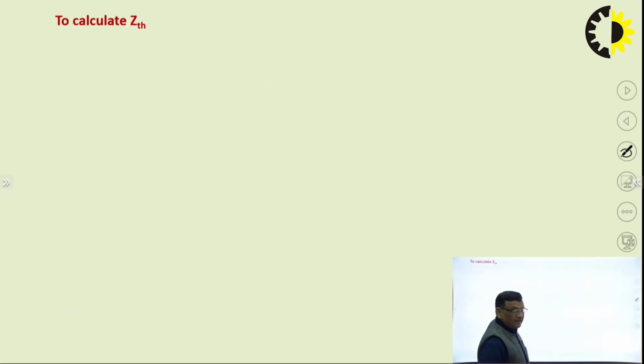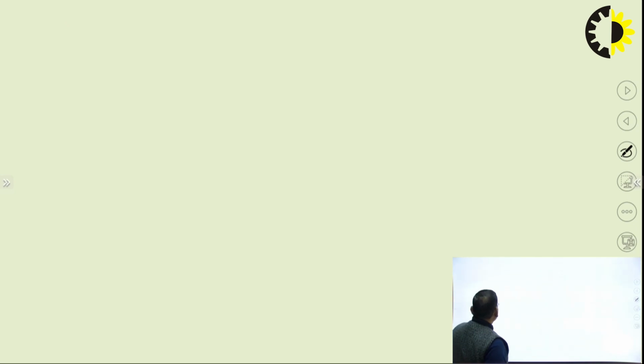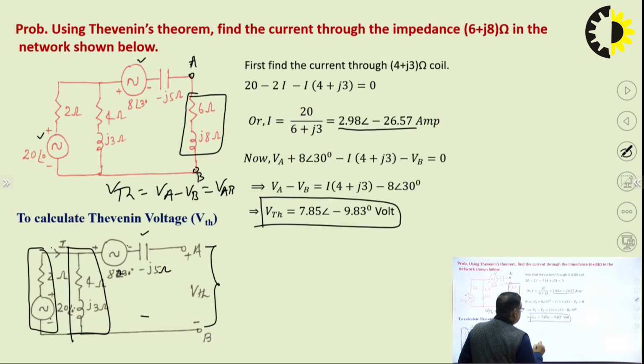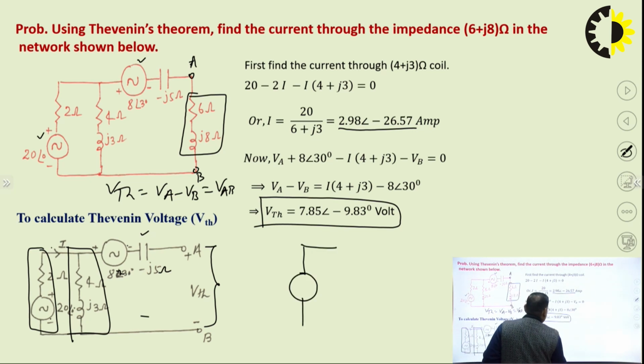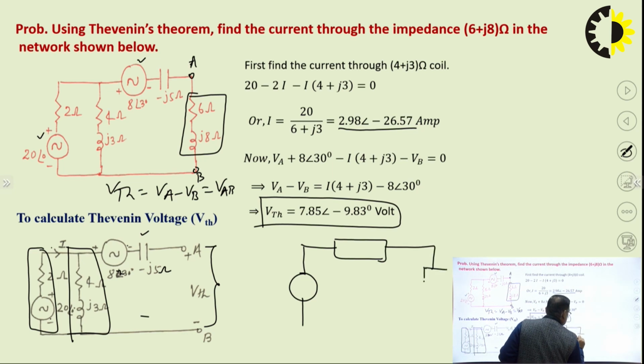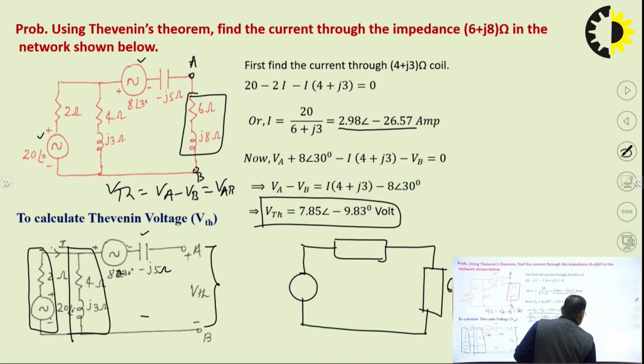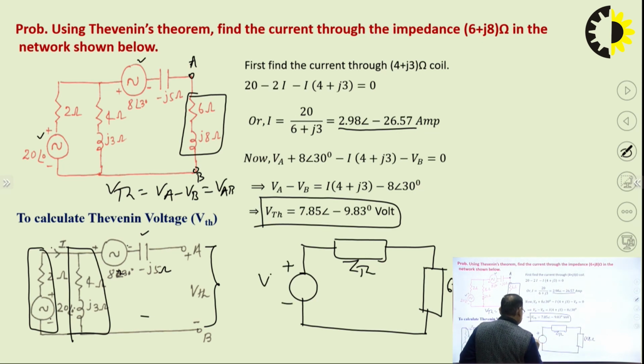Now, the second step is ZTH, because we have to draw this circuit. The final circuit will be like this, and this is the 6 plus j8 ohm impedance, and this is your ZTH, and this is your VTH.